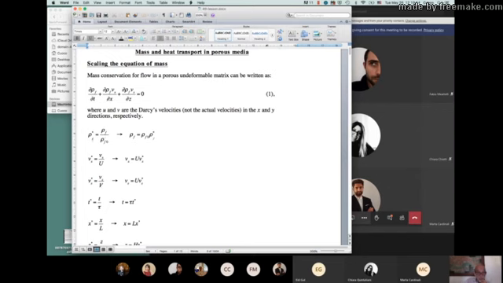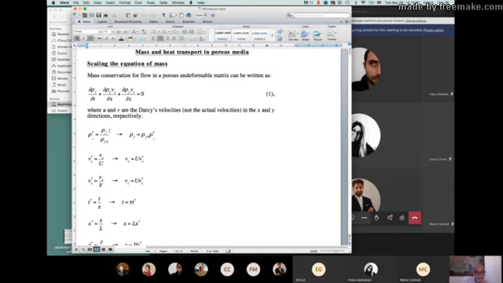And so, say the density of the fluid. And I call the dimensionless density rho asterisk, rho of the fluid with an asterisk on top that indicates your dimensionless parameter.